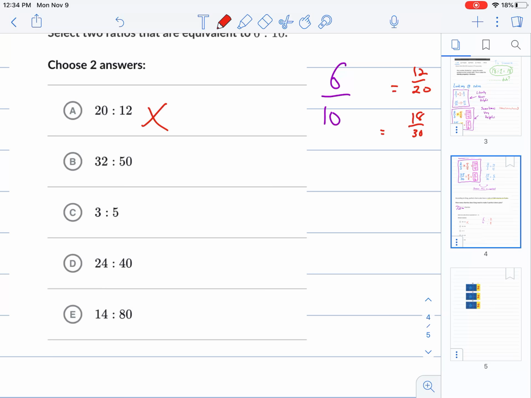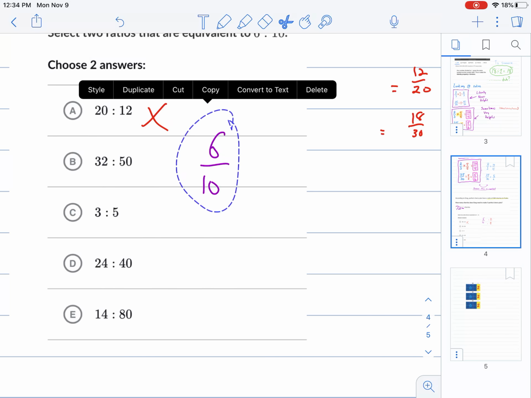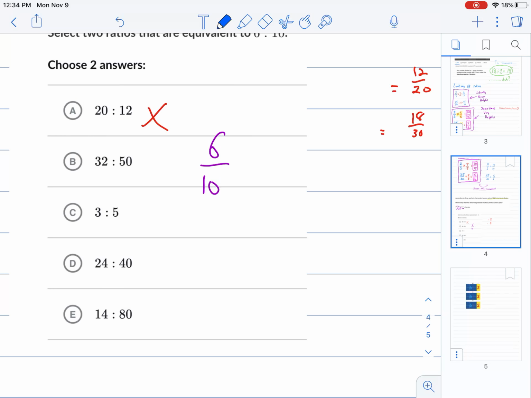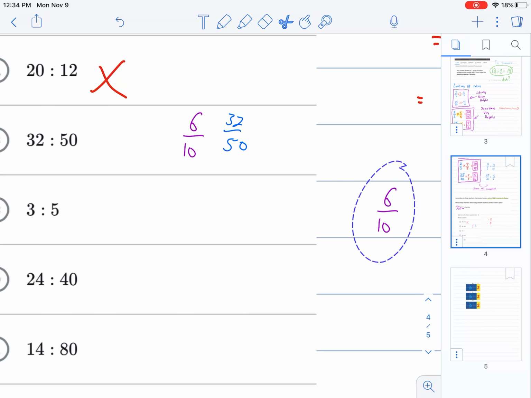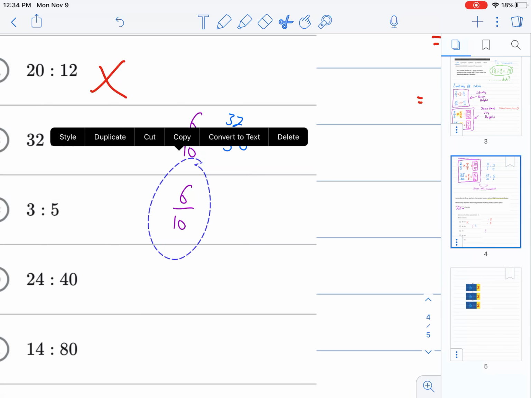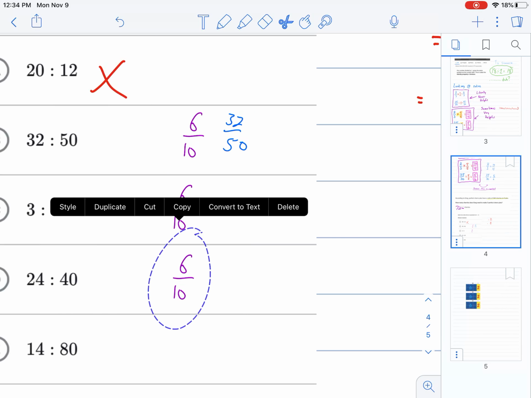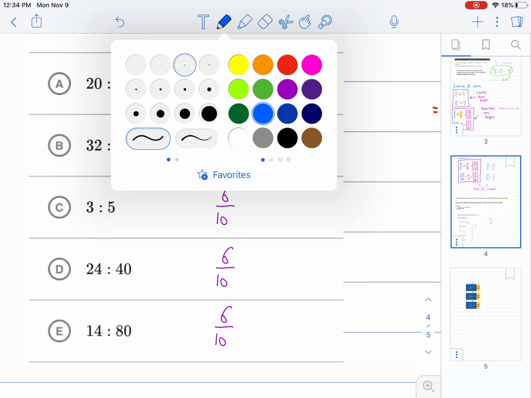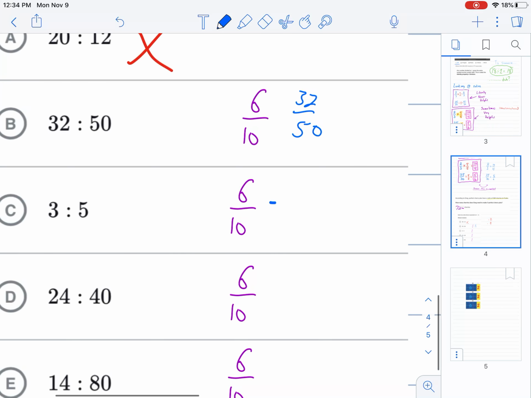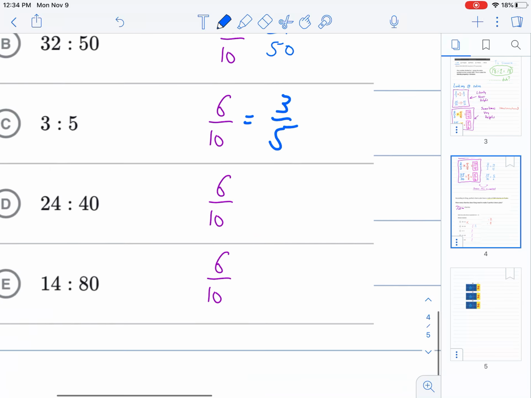Okay, so let's just start checking them then. All right, let's take our 6 out of 10 and see if we can figure out what has happened. Okay, so that would be a 32 over 50. I'll make it a little bit smaller. So, does that equal 3 over 5?